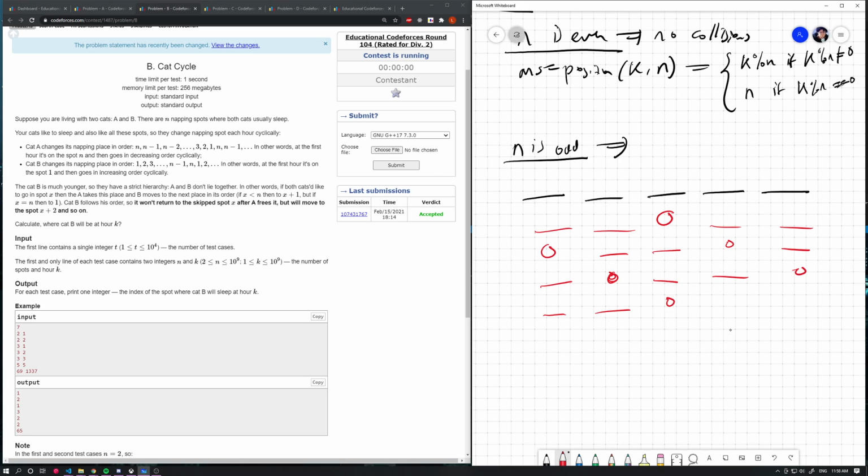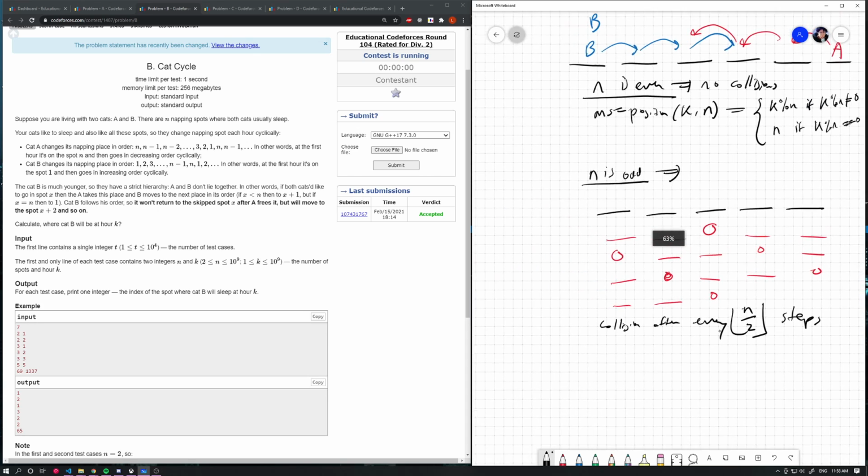So you'll notice that in general, there's a collision after every floor of n over 2 slots, or after n over 2 steps, right?